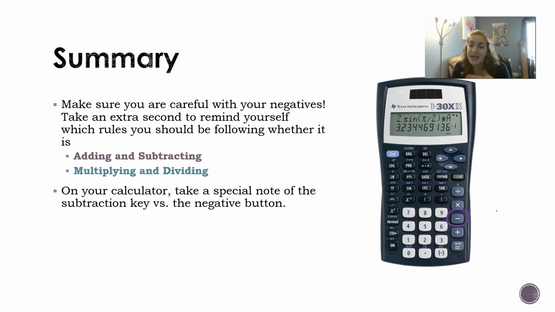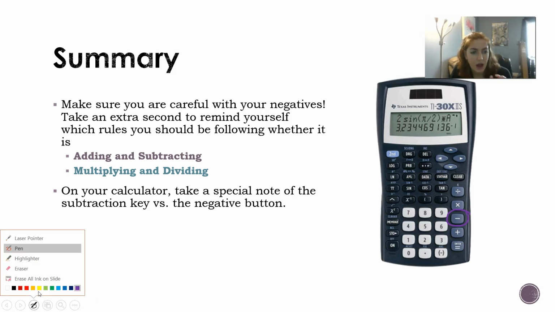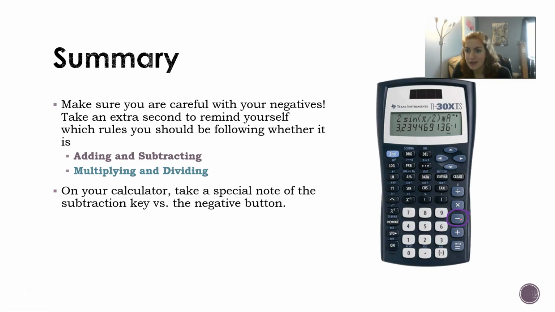This is just a quick scientific calculator that does a great job for basic algebra. But this one, you see the subtraction sign, and let me use a different color so you can actually see it. Okay, so the subtraction sign is right there. And the negative button is right here.